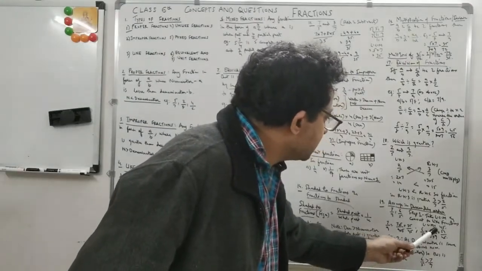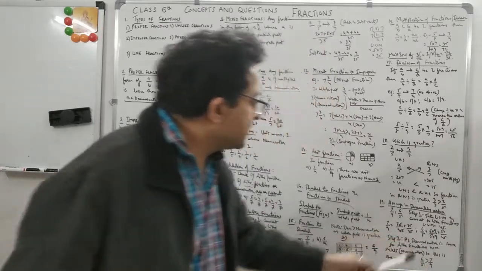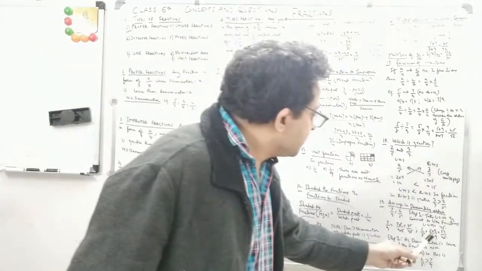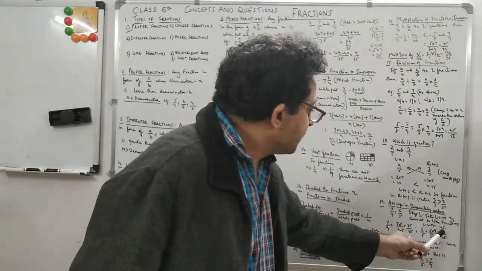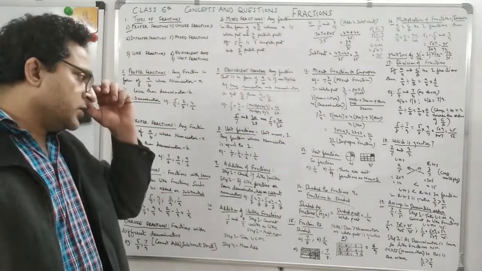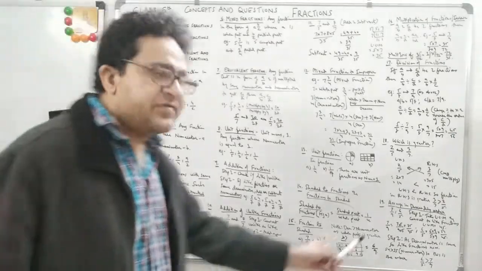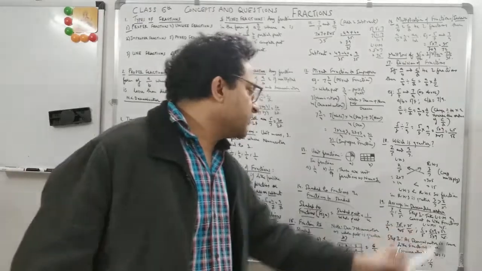Whatever we multiply in the denominator, we will multiply by the same number in the numerator. So this also has to be 6 into 9. So 6 into 9 is 54 and 5 into 9 is 45. So we get two more values. For 7 by 9 we get 35 by 45, and for 6 by 5 we get 54 by 45.